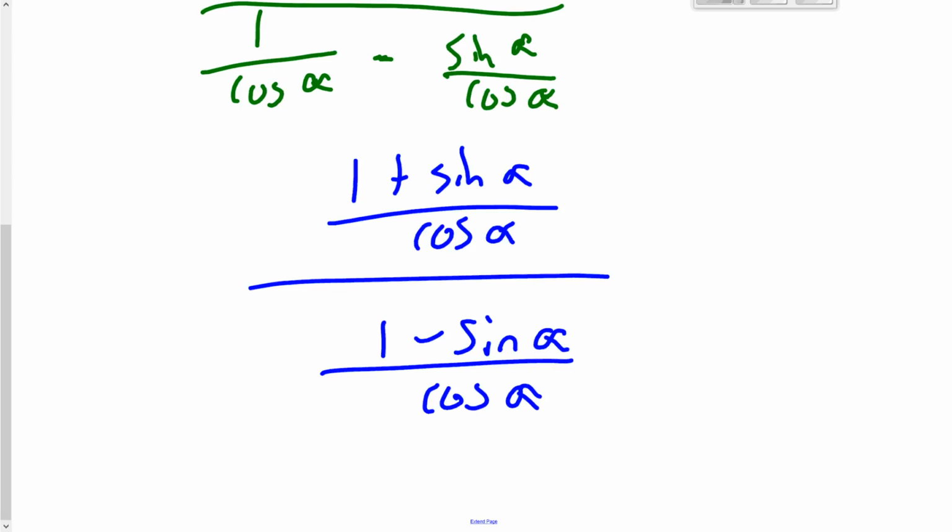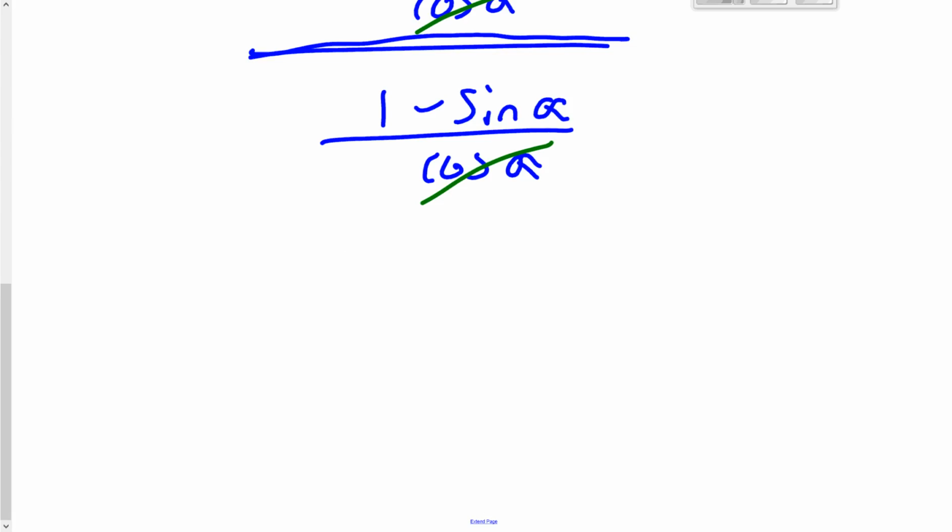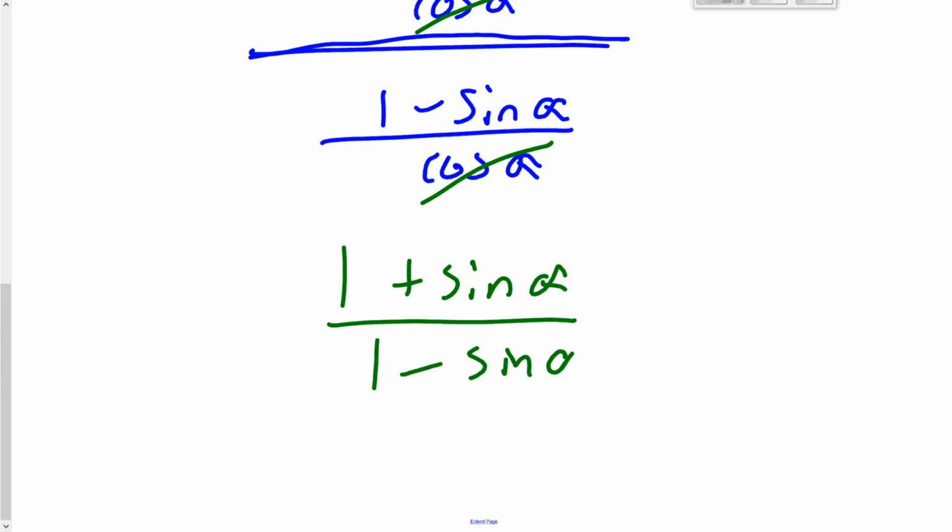Or, when we're dividing by a fraction, we can flip it and multiply. So that basically means that these cosines are going to cancel out. So we get 1 plus sine of alpha over 1 minus sine of alpha.